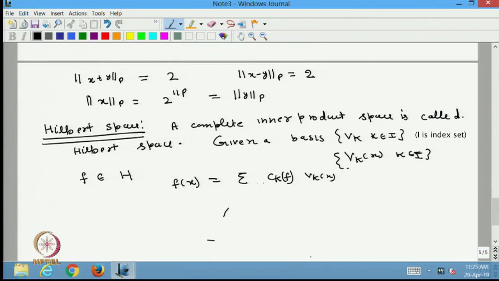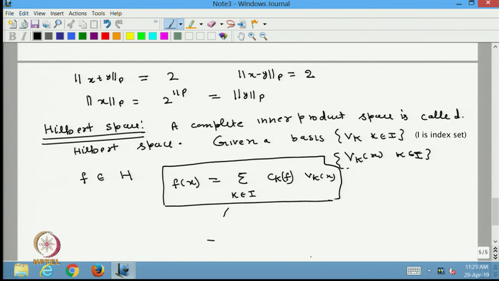If we want to associate this coefficient with f, that is why I am using this notation c_k multiplied by v_k(x). If f is a vector, we could write it this way. That is just notation.